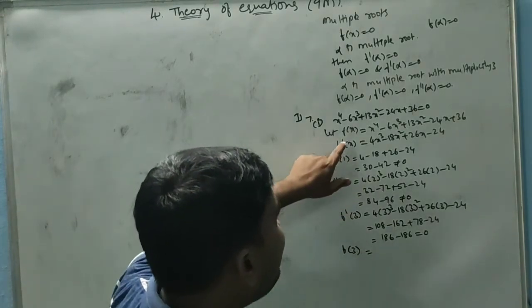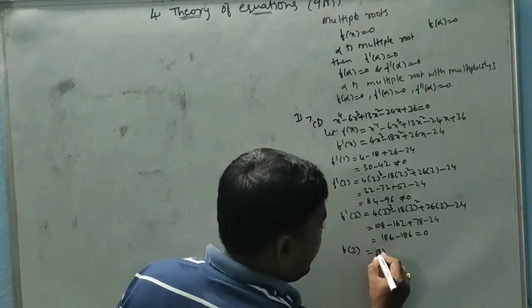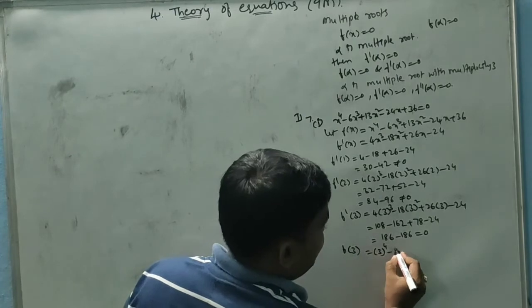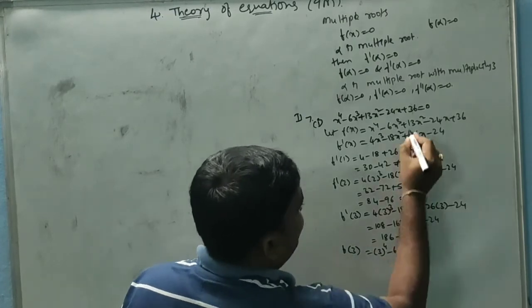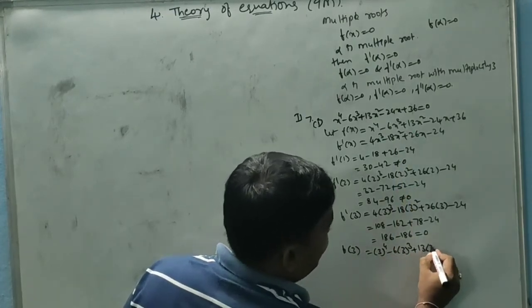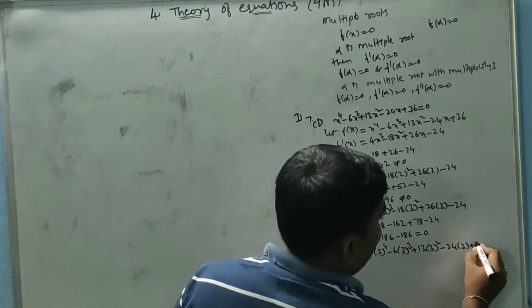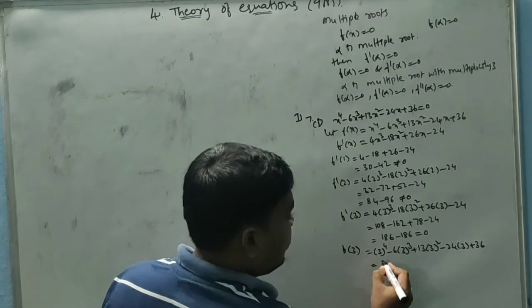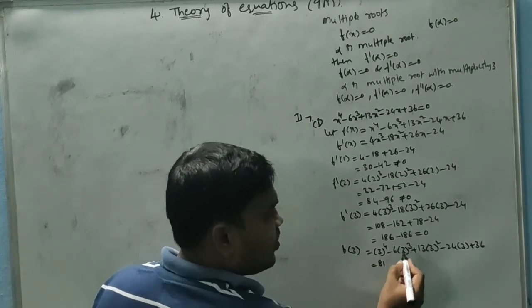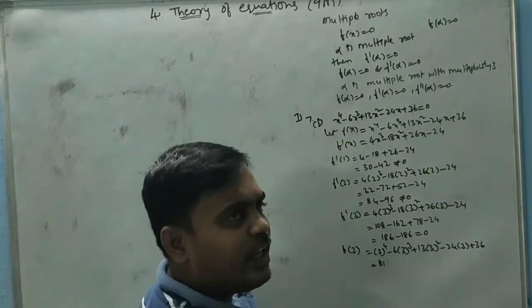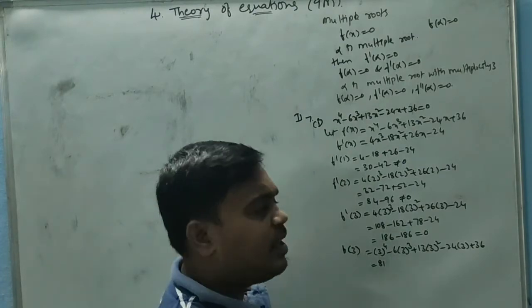If we do f of 3: 3 power 4 minus 6 of 3 cube plus 13 of 3 square minus 24 of 3 plus 36. Now 3 power 4 is 81. 3 cube: 3 into 3 is 9, into 3 is 27, into 3 is 81.